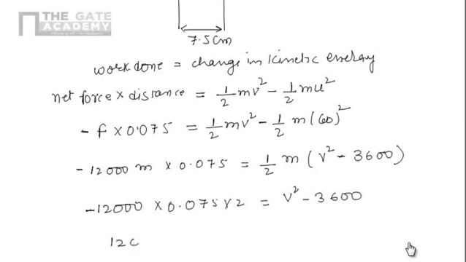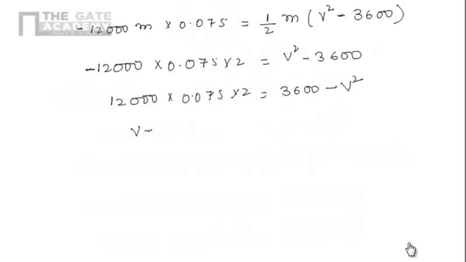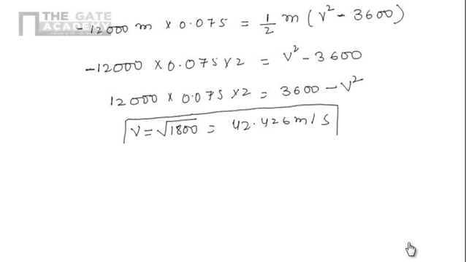So now we can write 12000 into 0.075 into 2 equals 3600 minus v square. So we will get the square root of 1800, which is 42.426 meter per second. This will be the answer of part 2. It is the velocity of the bullet after penetration of 7.5 centimeter.